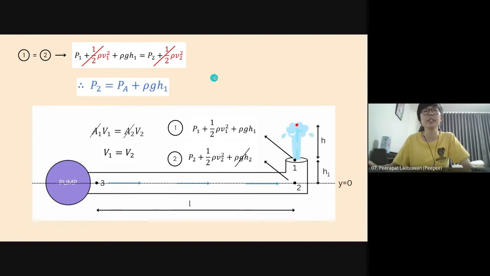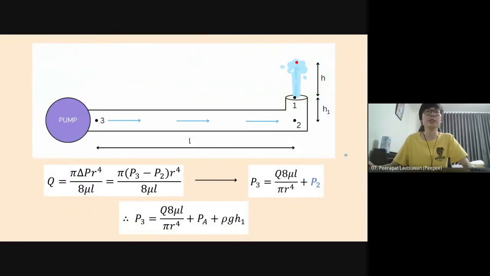The PA represents the atmospheric pressure, and you will notice that point 1 is actually present in the air, in the atmospheric pressure. So P1 will automatically turn into the atmospheric pressure. So P1 will be equal to PA.